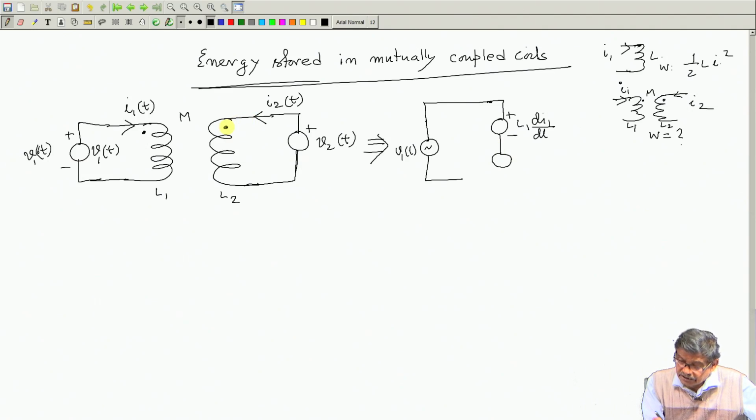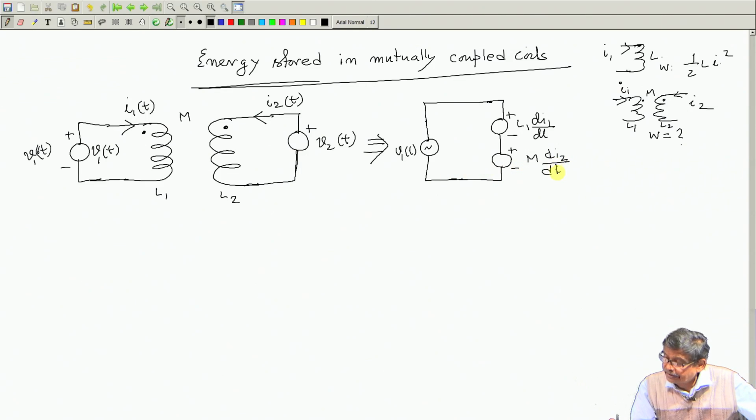Through the dot, current is entering, so this dot will become plus. So, plus minus M di2/dt, is it not? This will be the primary side thing. Mutual inductance between them is M.